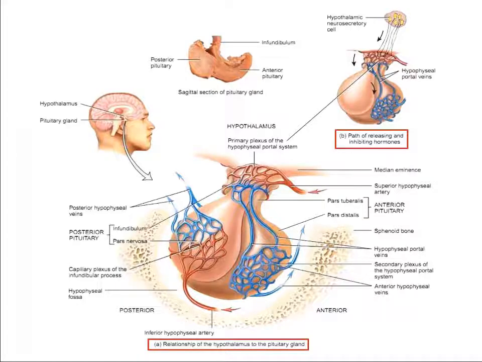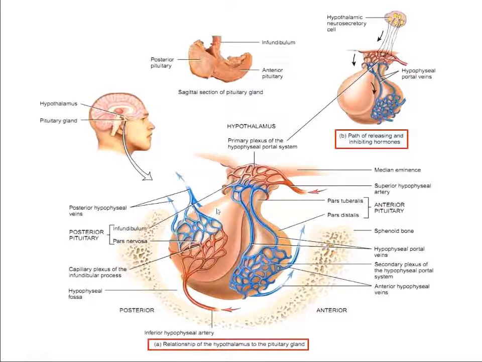So here is an anatomical display of the pituitary gland and its vasculature. You can see the pituitary at the base of the hypothalamus over here. And this is an enlarged view, and the pituitary is sitting within the sella turcica.